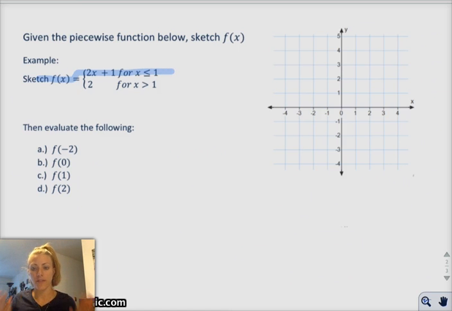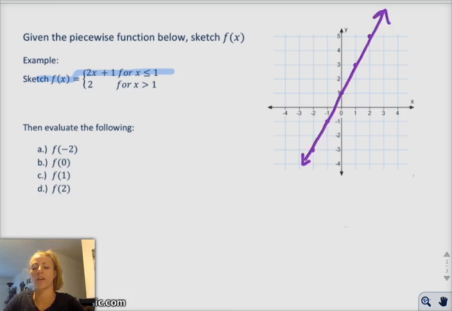Okay, I'm going to graph that first. So my y-intercept is 1, and my slope is 2. If I were graphing 2x plus 1 alone, it would look like this nice purple line here. However, it doesn't exist when x is greater than 1. So we have to erase everything above 1, right?